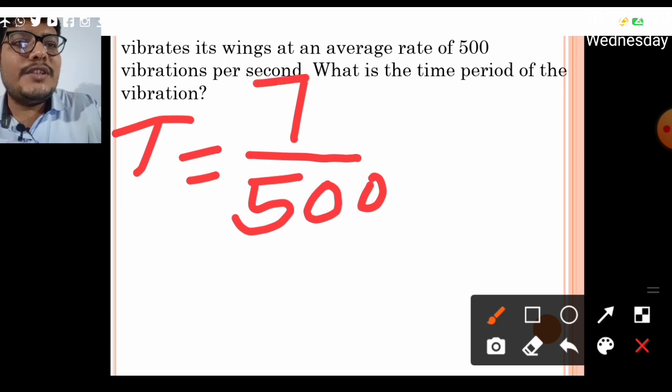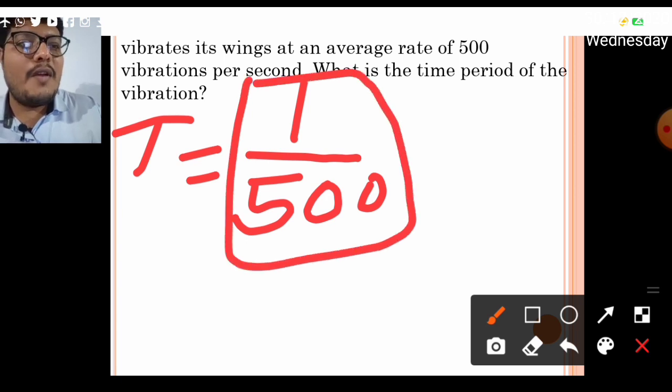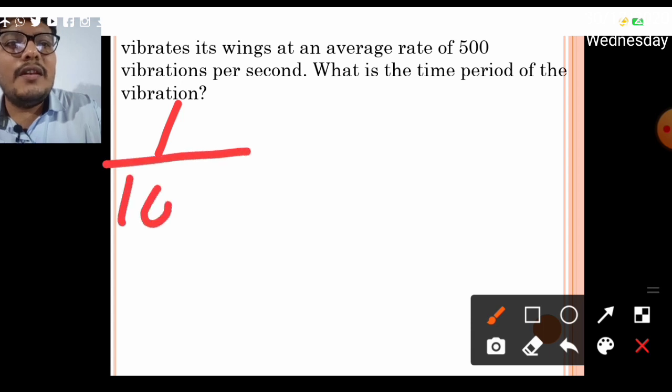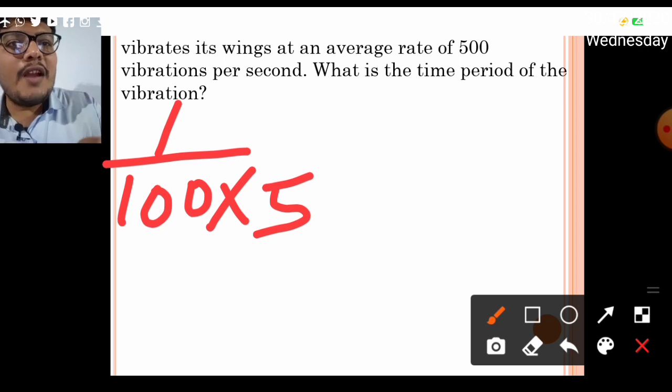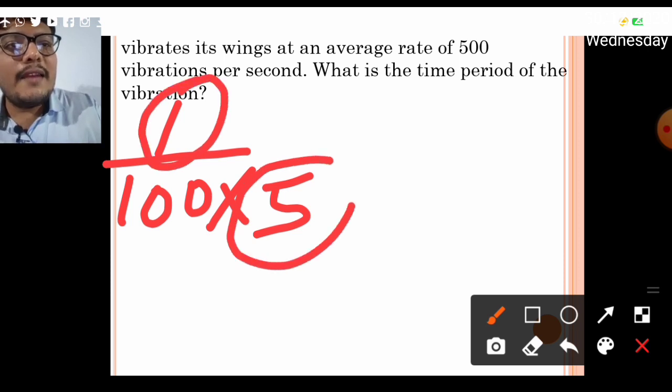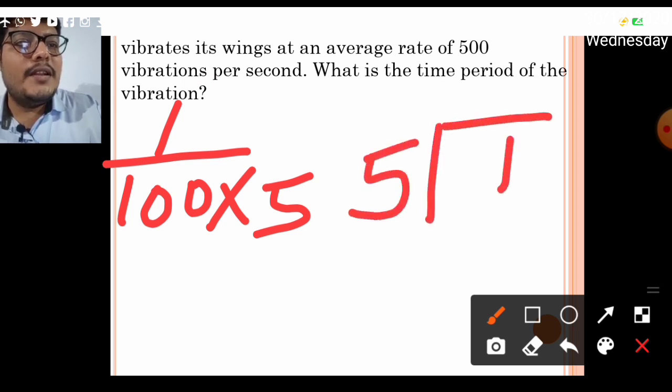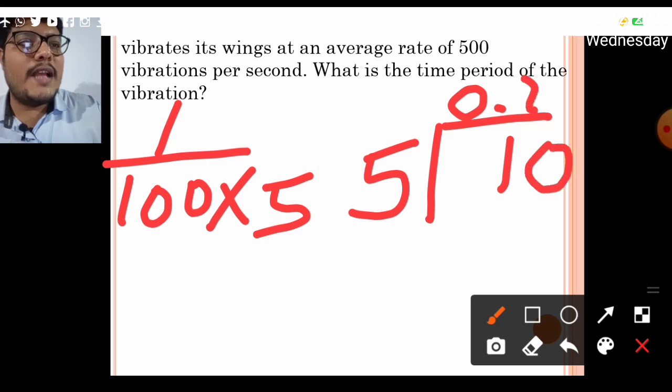Now I want to change this 1 upon 500. How will I change it? I'll write 1 upon 100 multiplied by 5. Now I'll do the calculation for 1 and 5. I will divide 1 by 5. Here I cannot do this, as 1 is less than 5, so I'll take a decimal here. 0.0 will be here, and 5 twos are 10, right?